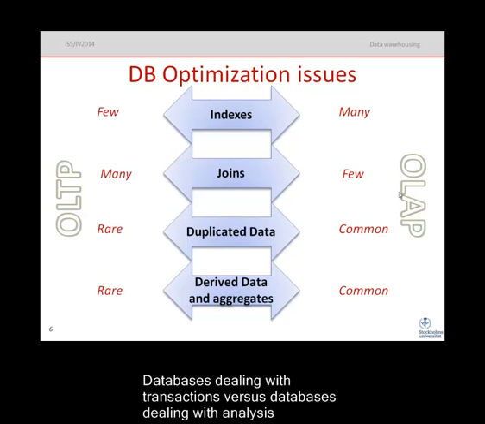While in OLAP, you don't have to consider updating or inserting new data. You just read the data, and with as many indexes based on different attributes, the more the merrier, right?